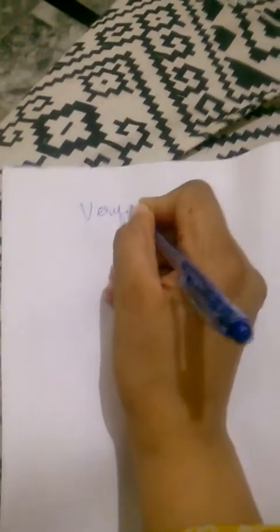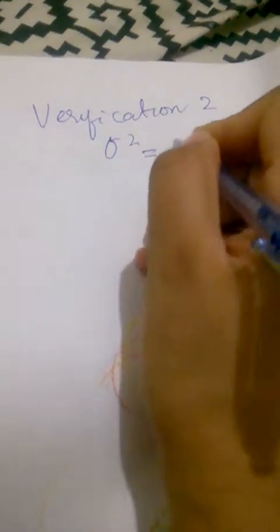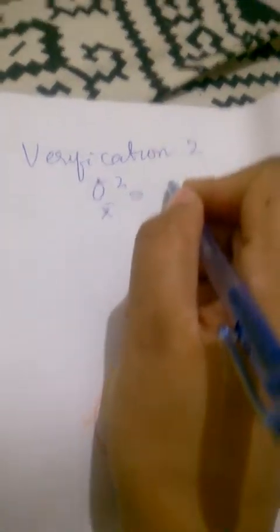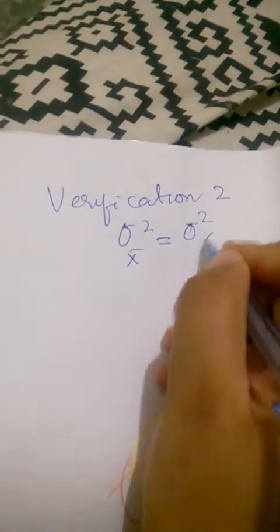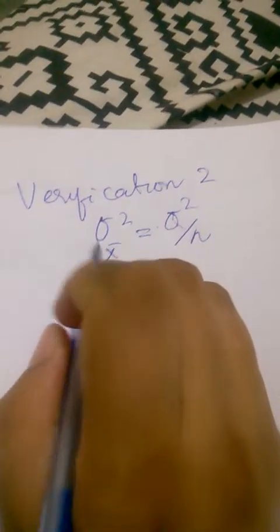Now verification 2. Verification 2 is of variances. For sampling without replacement, sigma square of x bar is equal to sigma square over n. सिग्मा स्क्वेयर ओवर एन के इक्वल होता है सिग्मा स्क्वेयर ऑफ एक्स बार.